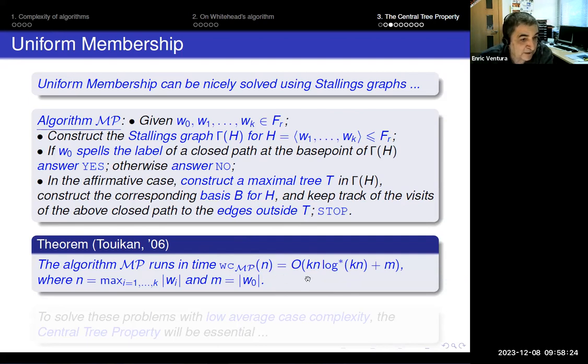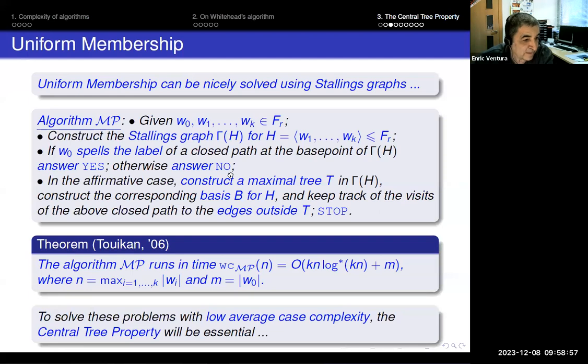All this can be done in time n log star n. Here n is the total sum of lengths of the inputs, which is the maximal length times k, where k is the number of words in your tuple. So you can construct the Stallings graph in time kn log star kn, and then you need linear time to check whether your W0 corresponds to a closed path or not.